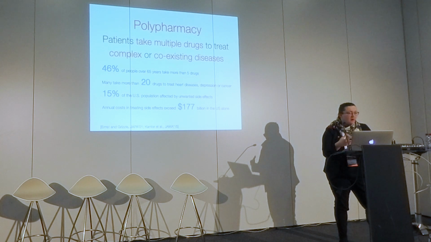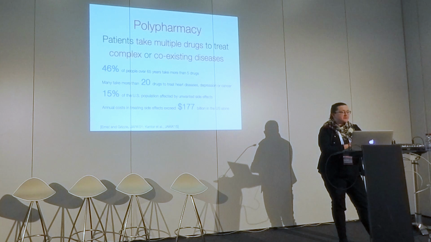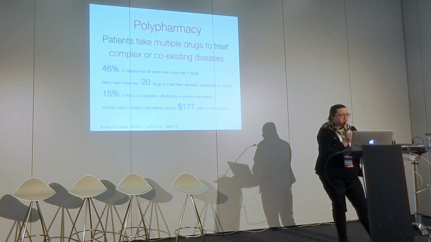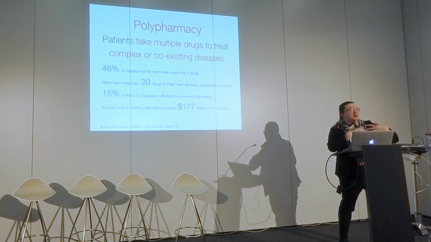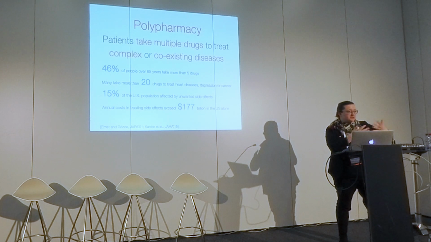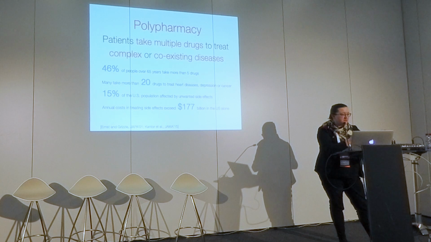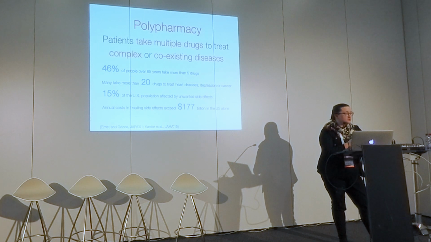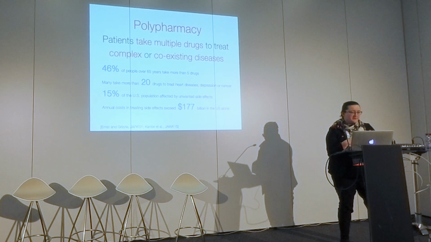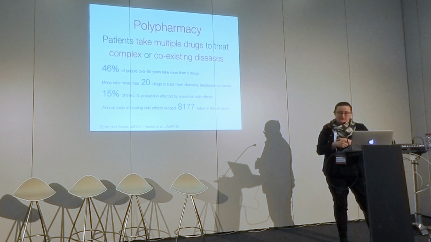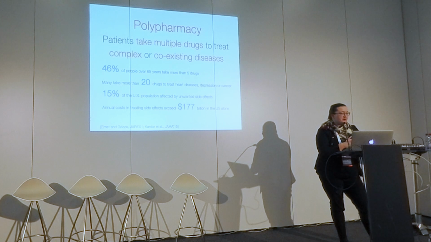This problem is known as the problem of polypharmacy, and it most often refers to the situation when a patient takes multiple drugs at the same time. So they take a combination of drugs. Why do they do that? To treat a complex disease or many coexisting conditions. So a bit of statistics, which is statistics for the US.